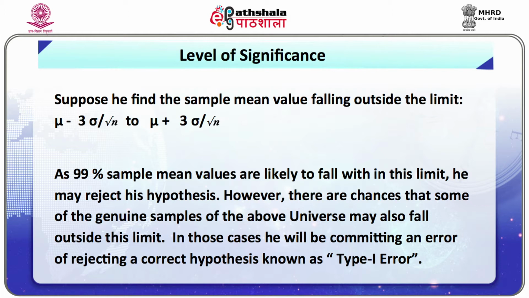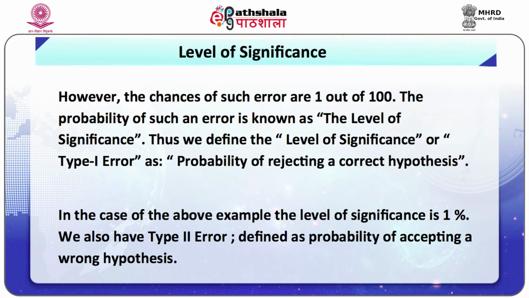However, there are chances that some genuine samples of the above universe may also fall outside this limit. In such cases, he will be committing the error of rejecting a correct hypothesis, known as type 1 error. However, the chance of such an error is only 1 out of 100.